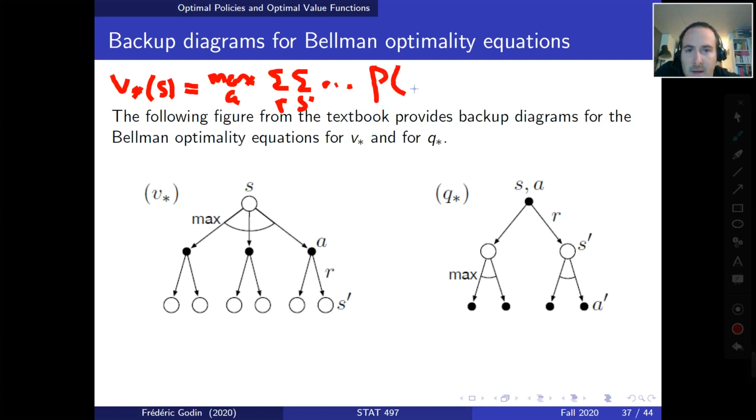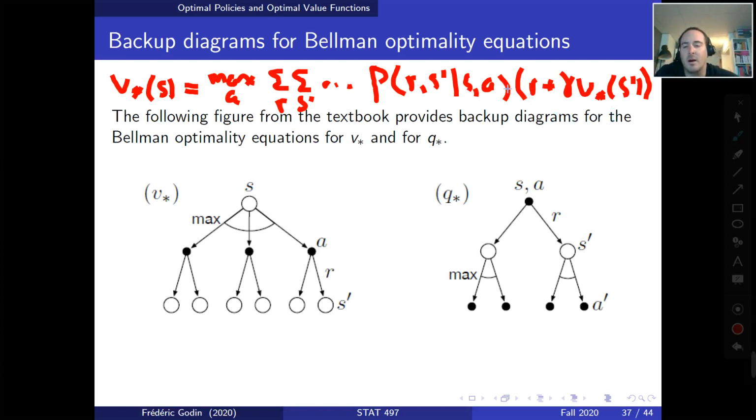It's the probability of R, S prime given S, A, times R plus gamma V star of S prime. Sorry, sometimes I say prime, but I meant star. So this is V star. Here, to calculate the value function in a state S, you have to maximize over multiple actions.